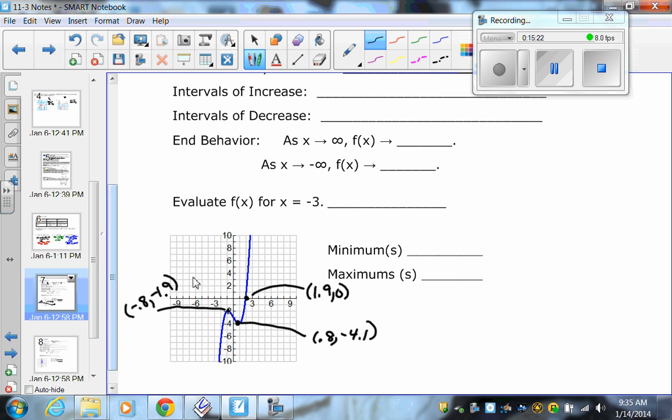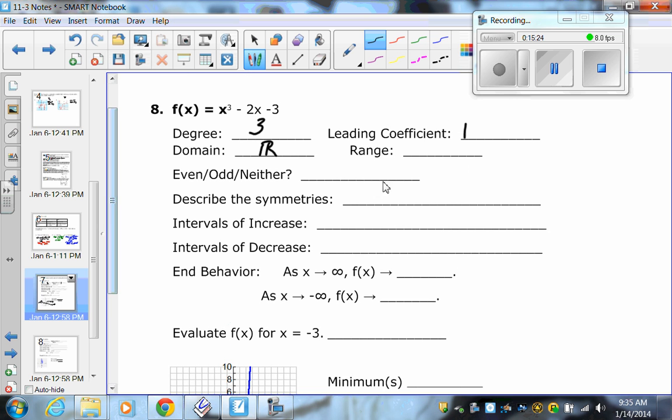In this case, we're not restricted on anything, so my range is also all real numbers. Even, odd, or neither? We have a degree of 3, a degree of 1, a degree of 0. Since it's a mixture of even and odd, it would be neither, which means there are no symmetries.